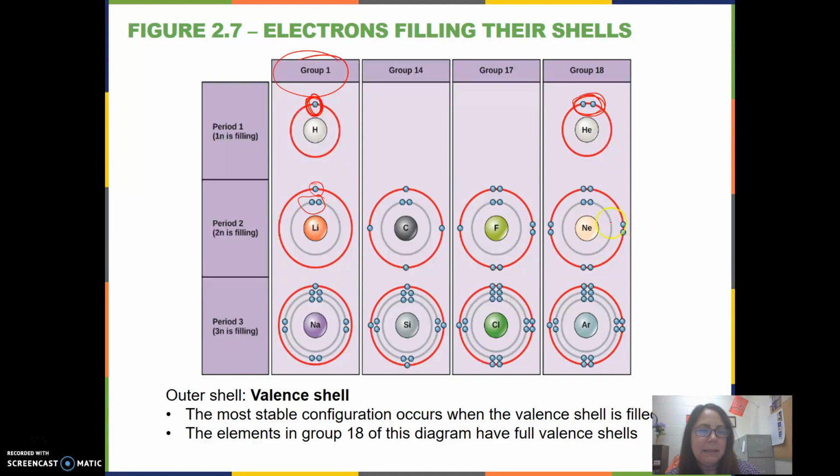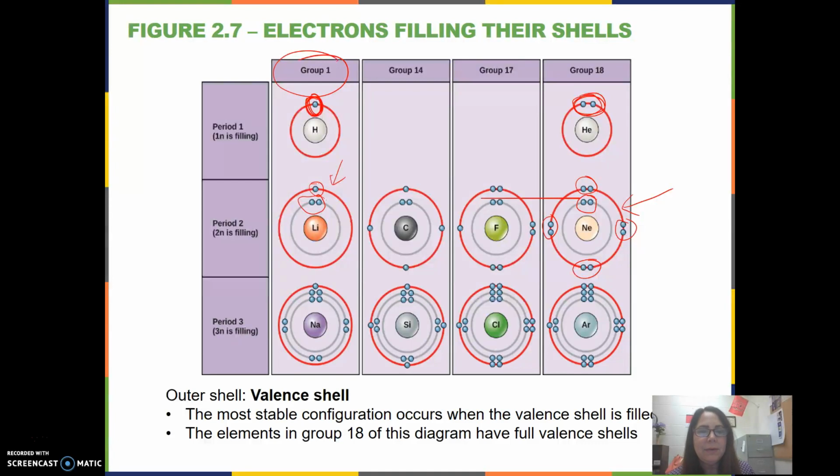It's got 2 in its first energy level, and then it's got 2, 4, 6, 8 in its second energy level. So lithium is unstable because its valence shell, its second energy level, is not filled. It would take 7 more to fill that valence shell. Neon, however, is stable because its valence shell is filled with 8 electrons.